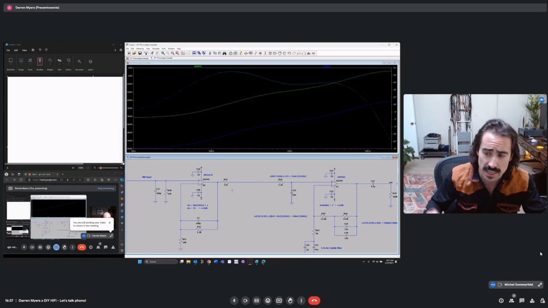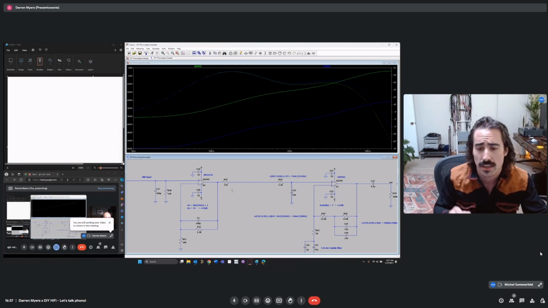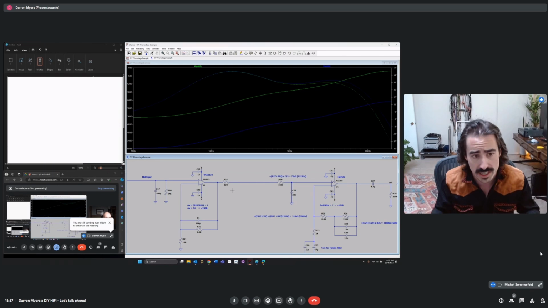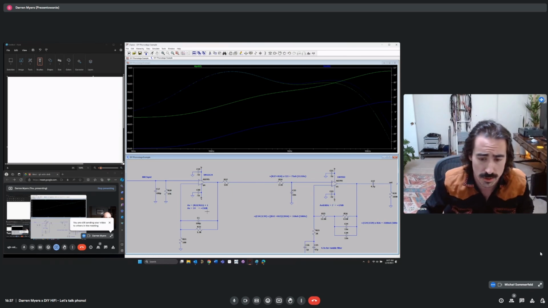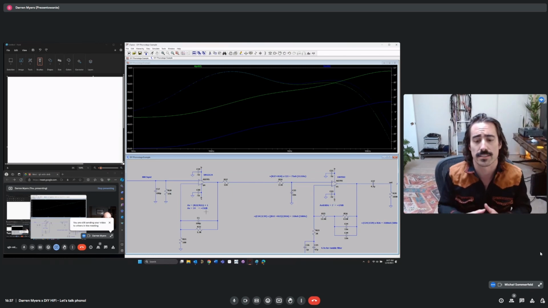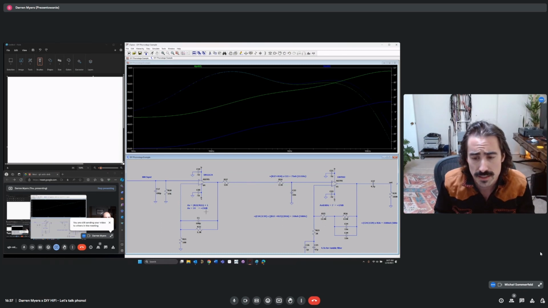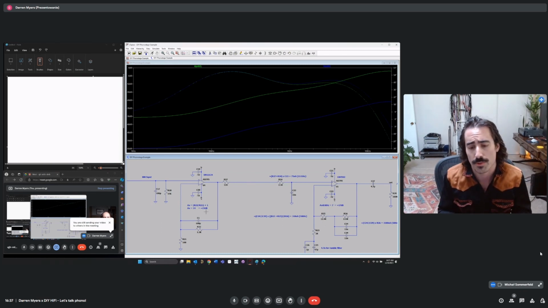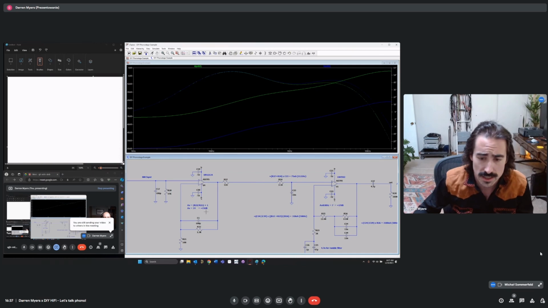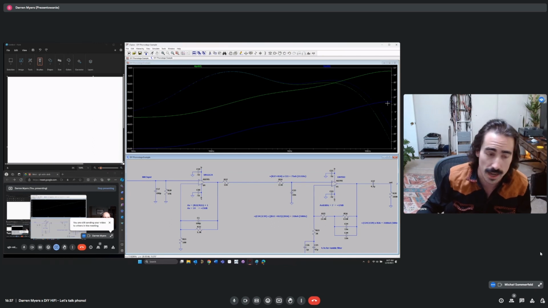Now, to answer the second question of why not apply more gain than just this, we're applying 23 dB right now in this stage. The reason why you don't want to apply too much gain is because you are going to clip and run into headroom issues right here, because you have such a difference in amplitude from the low frequencies to the top, which is 40 dB of difference.